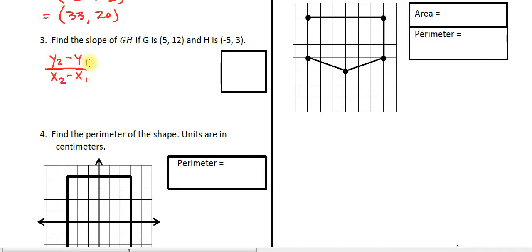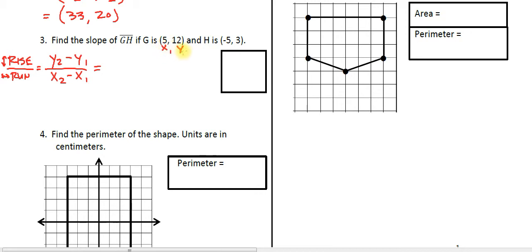Make sure the change in y is on top and the change in x is on bottom. Remember, it's rise over run, and rise is a vertical change, meaning up and down. I'll put that in the margin right here. That's a change in y, and run is a change left to right, and that's a change in the x value.